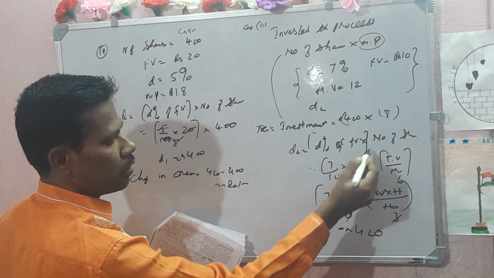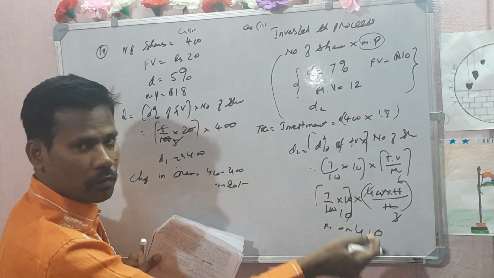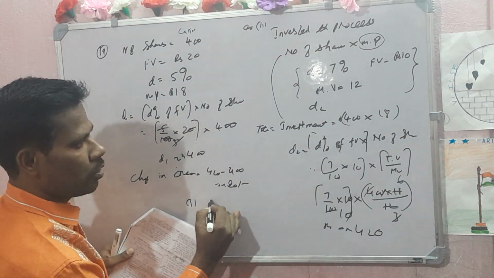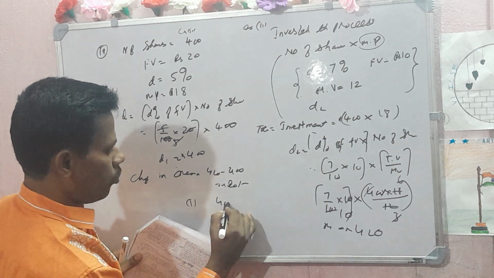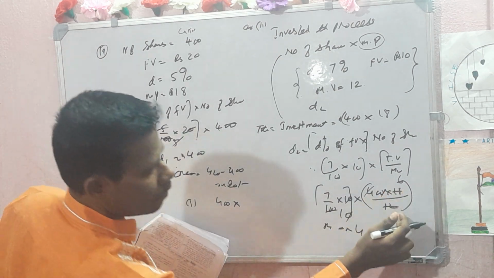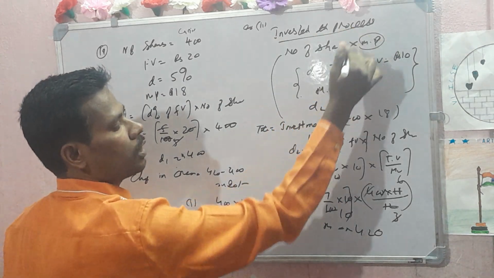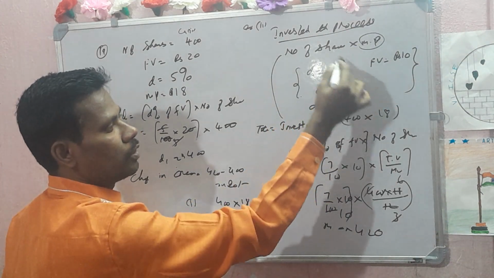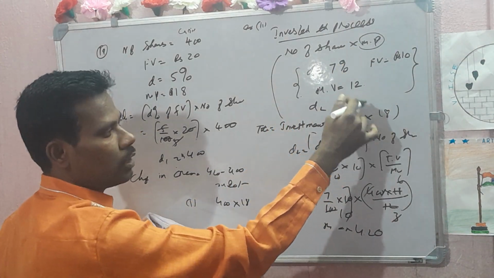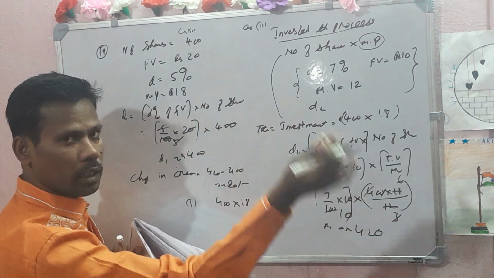Total investment we have already done, and it is a part of the problem. So first, total investment is what? 400 into 18, we already know that. That is the invested proceeds. That's the meaning: number of shares into market value. Here he is selling.